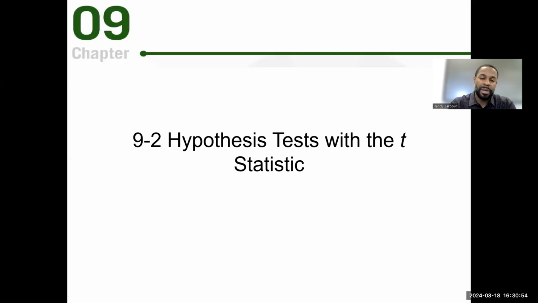And by calculating the estimated standard error, we'll be able to compute the t-statistic, which is very, very similar to what we did for the z-statistic. We'll be using the table I passed out in class, which will allow us to identify the critical t-values we use to decide whether to reject or fail to reject the null hypothesis, okay?